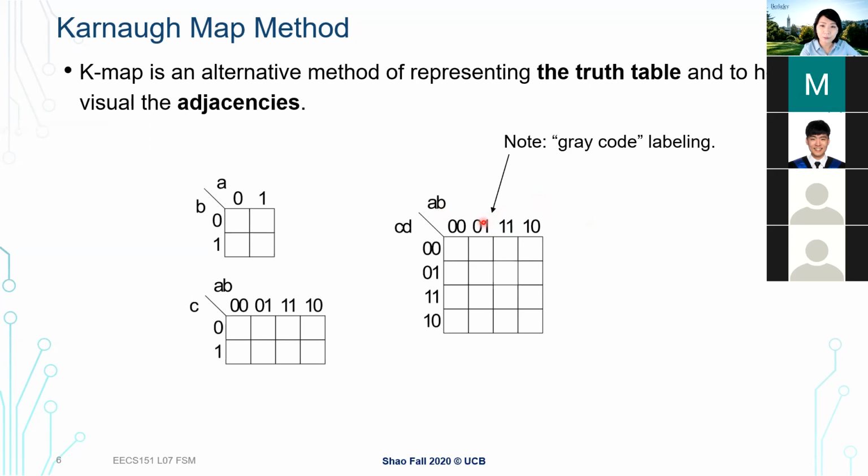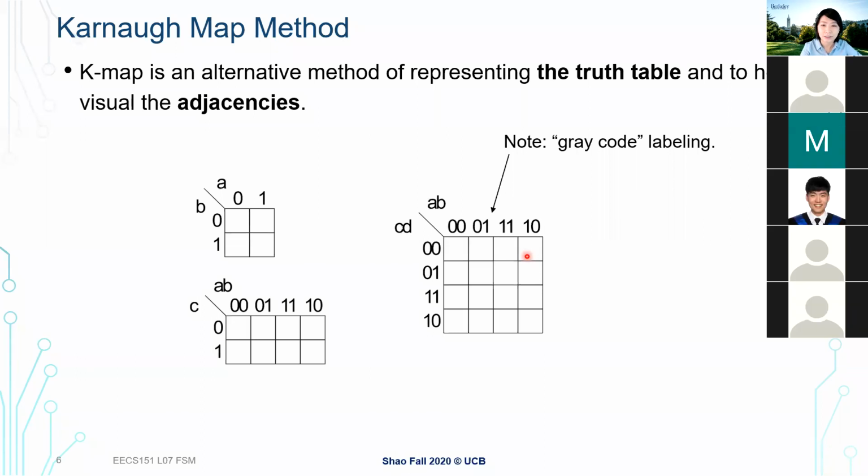The reason is that we want to create adjacency where only one input is changing, so that we can see the uniting theorem clearly. So from 0,1, instead of 1,0, we keep the 1 the same for B and only flip A. So we have 1,1 here. And then in the next column, we keep A the same and only flip B, so we have 1,0. So in every adjacent cell, only one of the inputs is different.